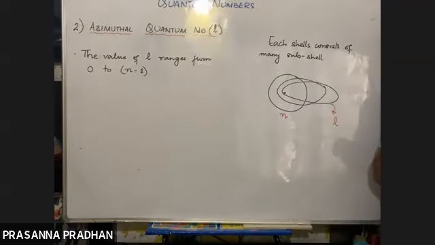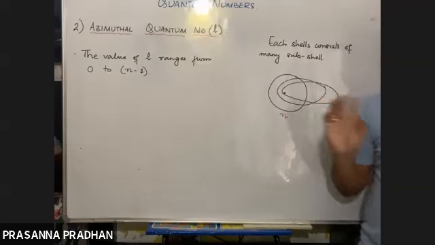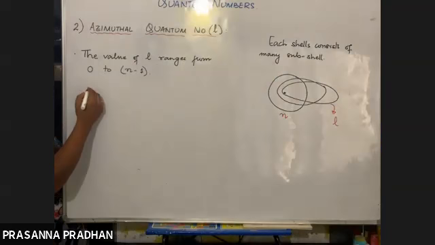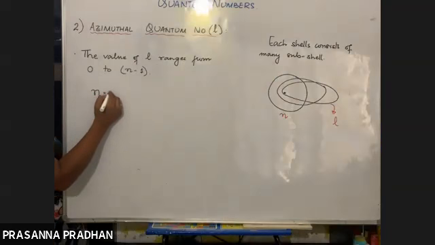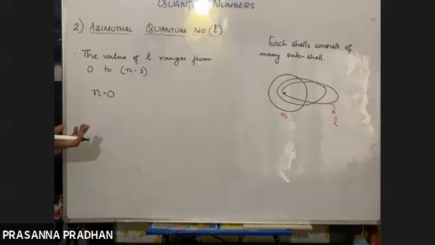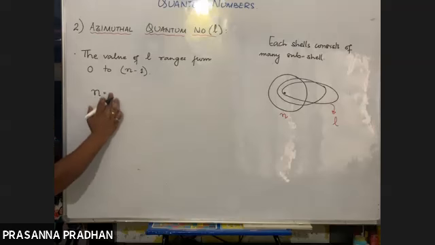And the value of L ranges from 0 to n minus 1. Now, is n equals 0 possible? No, sir. There is no zero shell. So the value of n starts with 1.